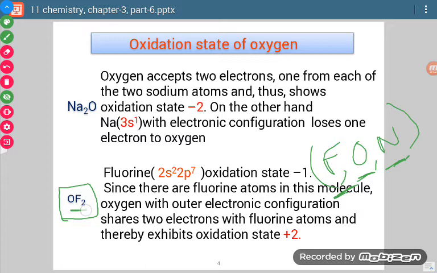So it is only possible if we take oxidation state of O as +2, because F will have oxidation state of -1, and then only their sum of the oxidation states will be equal to 0. So oxidation state of oxygen in this case in OF2 molecule is +2.